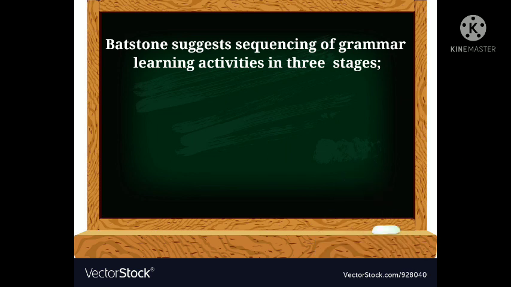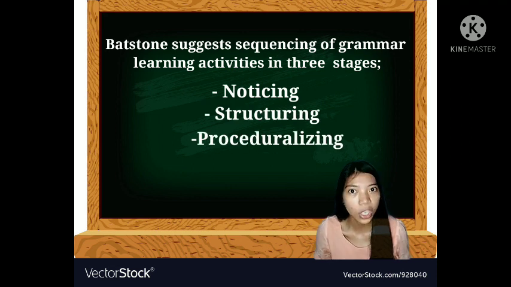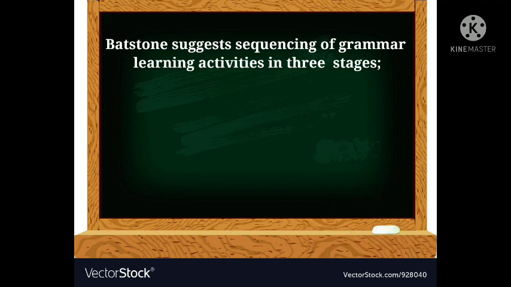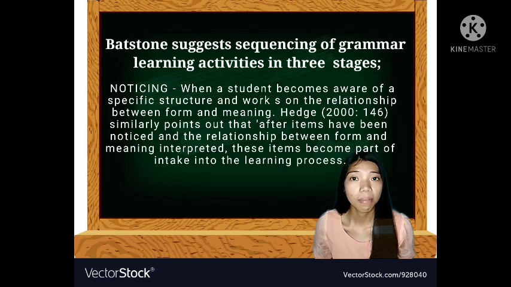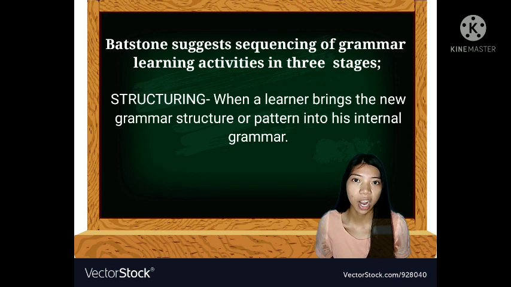Boston suggests sequencing of grammar learning activities has 3 stages: noticing, structuring, and proceduralizing. Noticing is when a student becomes aware of a specific structure and works on the relationship between form and meaning. Structuring is when a learner brings the new grammar structure or pattern into his internal grammar.